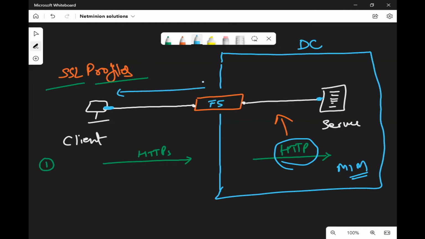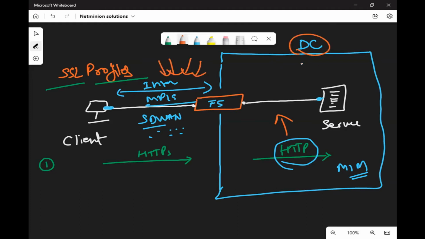This part can be over the internet, MPLS, SD-WAN, or maybe any other technology. So the chances of a man-in-the-middle attack on this side are much, much higher than in my own data center. Getting this point? Okay.